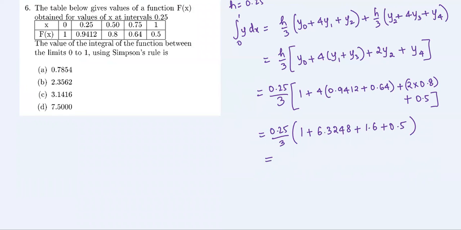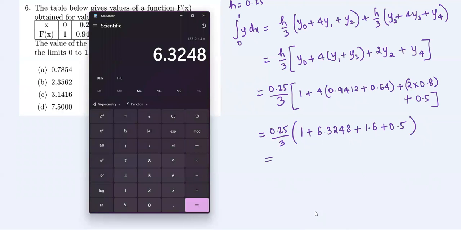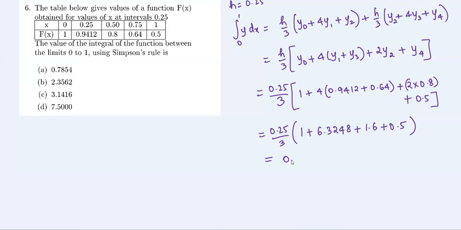So what we get? Plus 1.6 plus 1.5, divided by 3, multiplied by 0.25, 0.7854. So by Simpson's rule, we get this estimate.